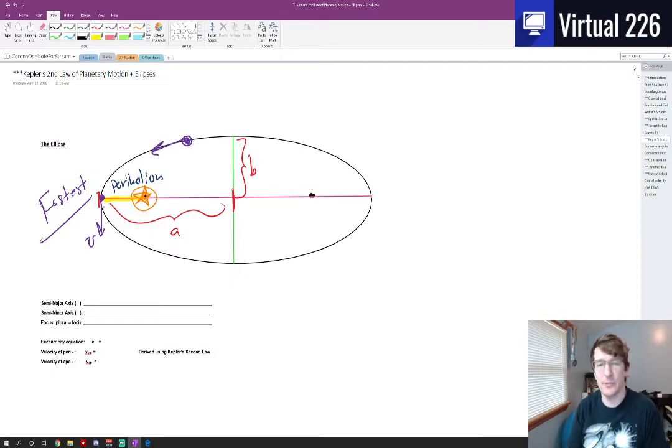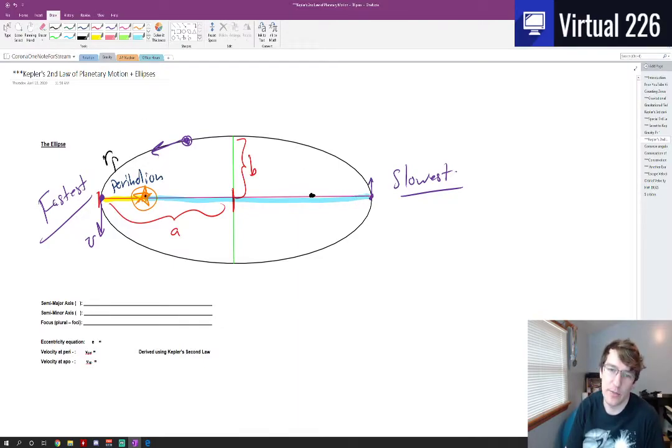As our comet or planet or whatever is orbiting this body kind of falls away, we're kind of being thrown up away from the sun. So we're starting to slow down as we come out here. And when we get to this very far away point, we're still moving tangentially at each point. But out here, we are moving the slowest. Okay? And if we take this entire distance here, over here, this is the perihelion, we call that RP.